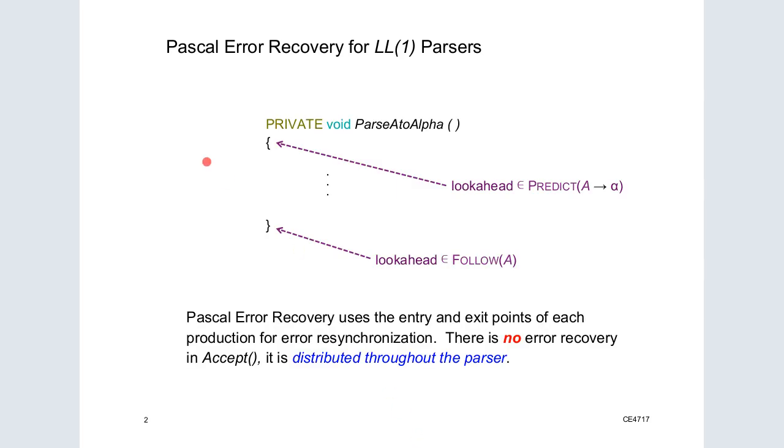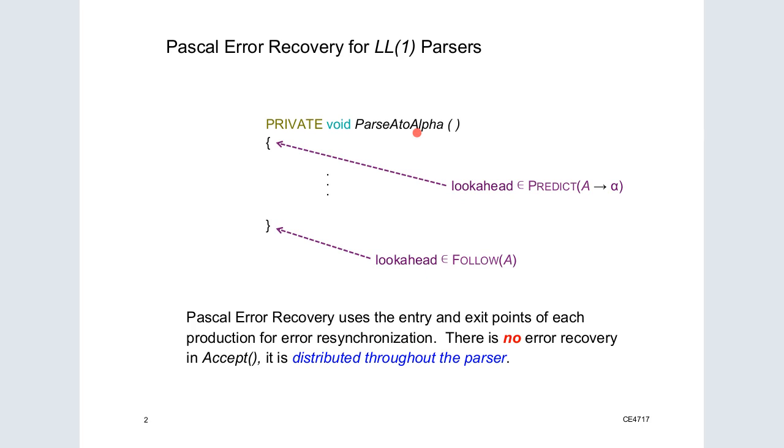So this suggests a technique for error recovery, which is to synchronize at the start point and the exit point of every parsing procedure. The basic idea is that at the entry point to the routine parse A to alpha, we will check that the look-ahead is an element of the appropriate predict set for the production.